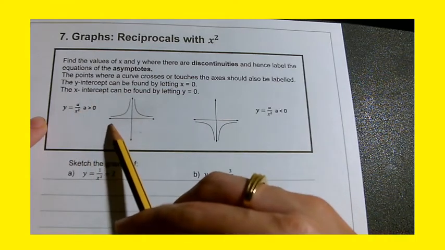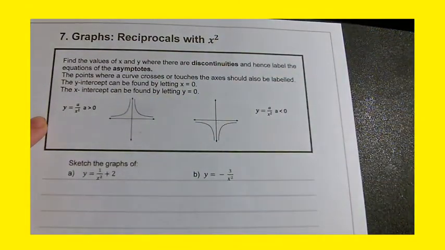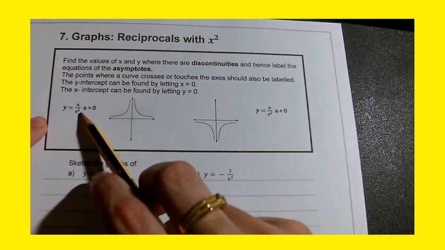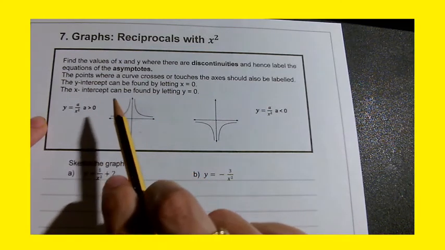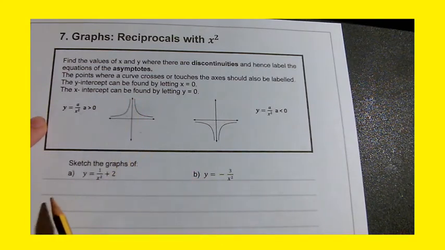In the previous video, when I looked at just 1 over x, there was a section of the graph here in this negative quadrant. But when you square a negative number and you do a positive number divided by a positive number, that section of the graph will actually flip and go into that positive y quadrant.